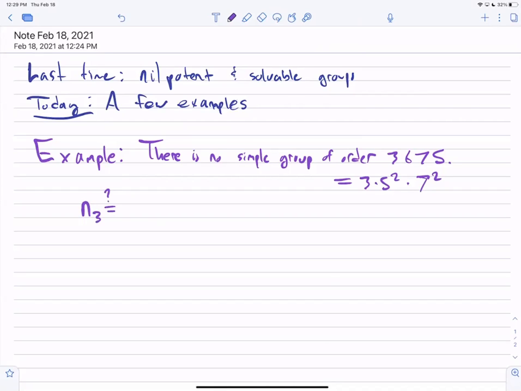So it's going to be 1 mod 3, and it will divide 5 squared times 7 squared.